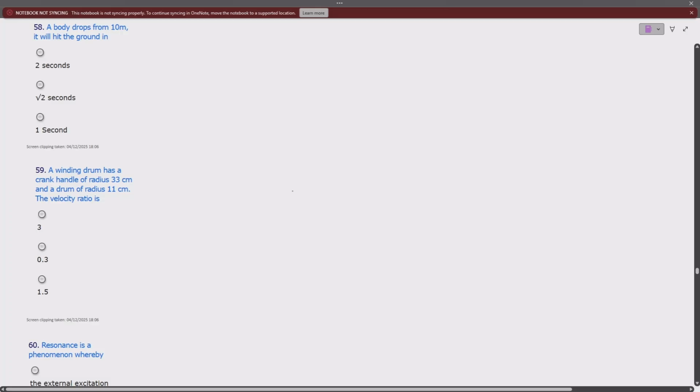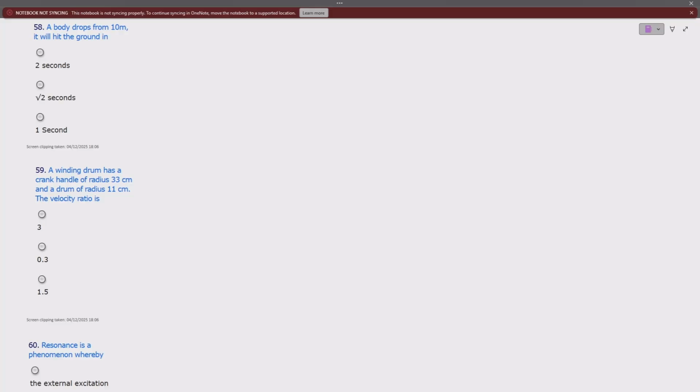Number 58. A body drops from 10 meters. That is the height. It will hit the ground in, the options given are 2 seconds, root 2 seconds, and 1 second. So let's try and work this one out. Number 58.